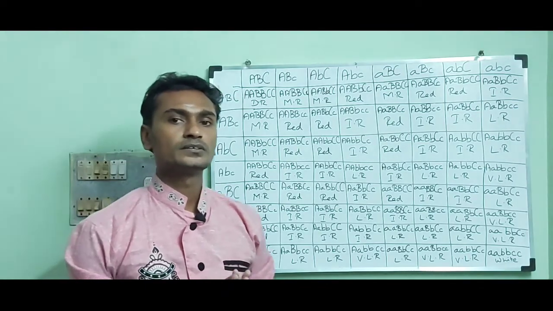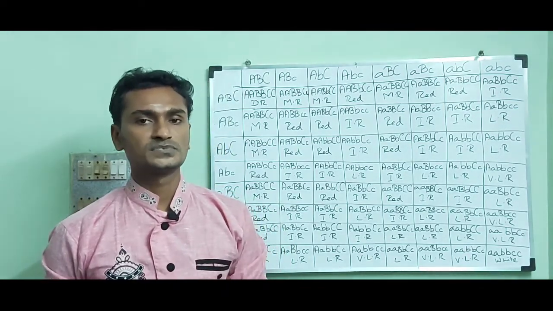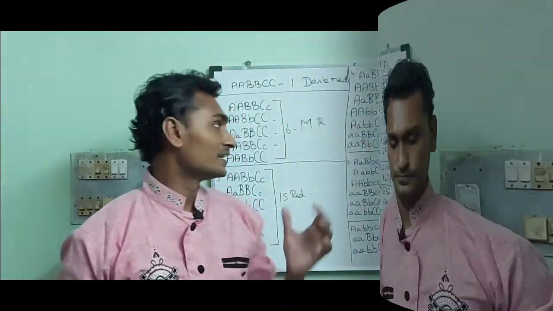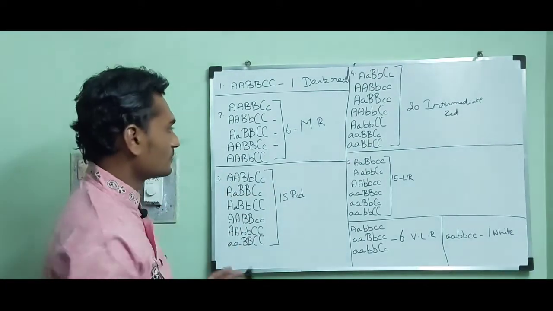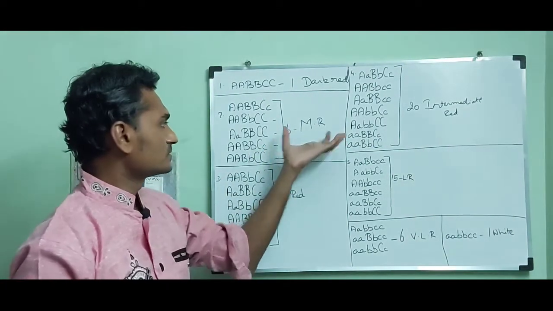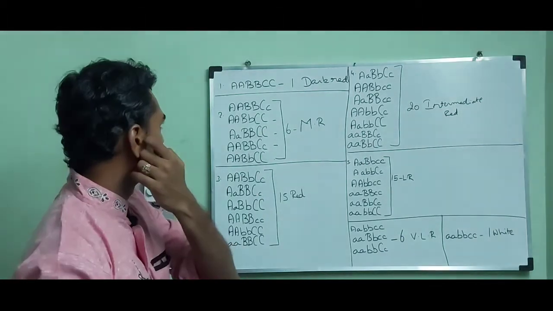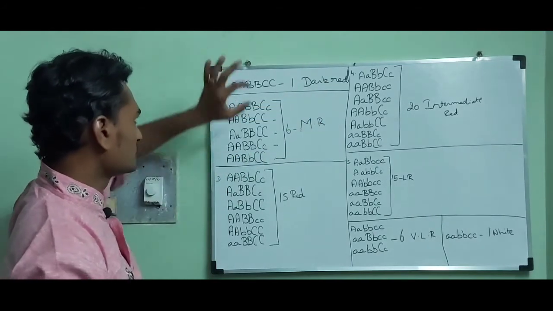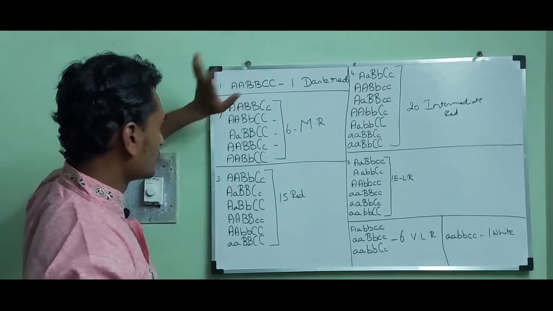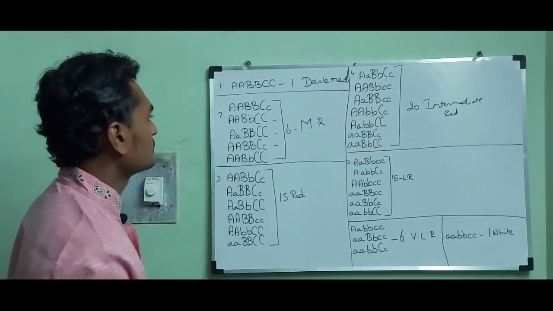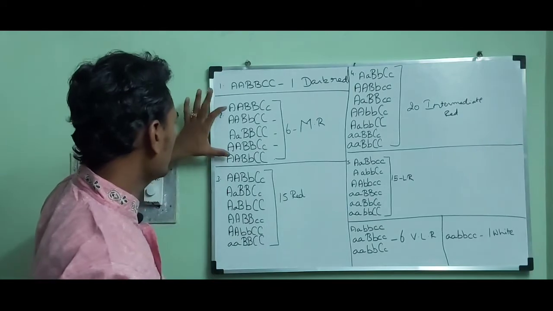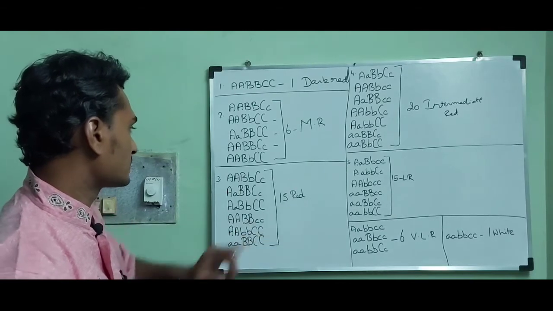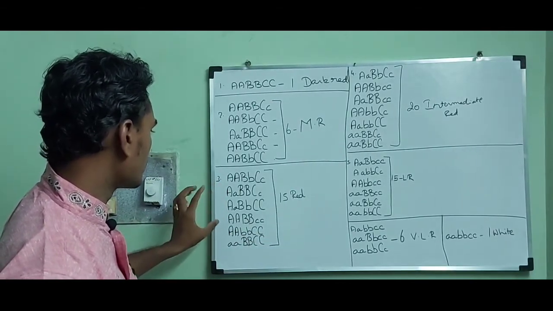Then I am going to write the genotypes and phenotypes with their ratio. Here I have written their genotypes with their numbers and their phenotypes. Here we have dark red only 1, and the possible genotype is only 1. Here we have 6 moderate red with 5 genotype possibilities. Here 15 red with 6 genotype possibilities.